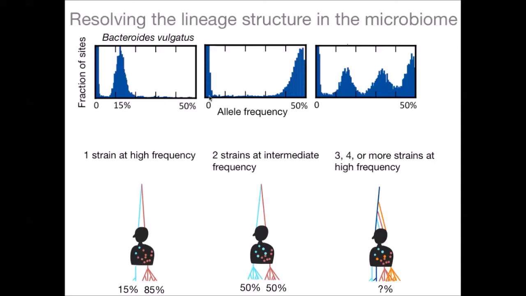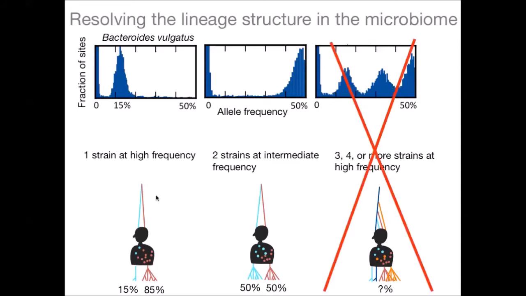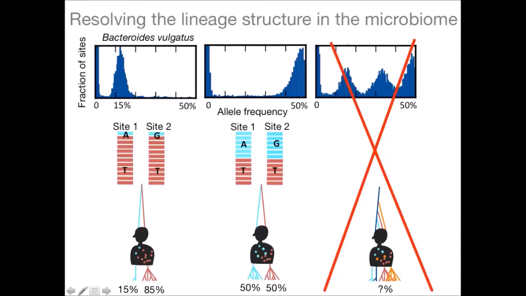And the nice thing is that we can actually leverage this lineage structure to parse the lineage structure inside of the host, or more concretely, to phase the haplotypes of the dominant lineages when possible, so that we can track evolution over time. So some of these samples, as I mentioned, are too complicated, but other samples we can work with. So here's a situation where we can actually phase the dominant haplotype so that we can track evolution over time.